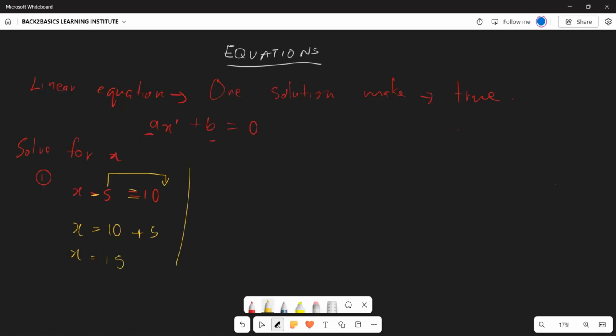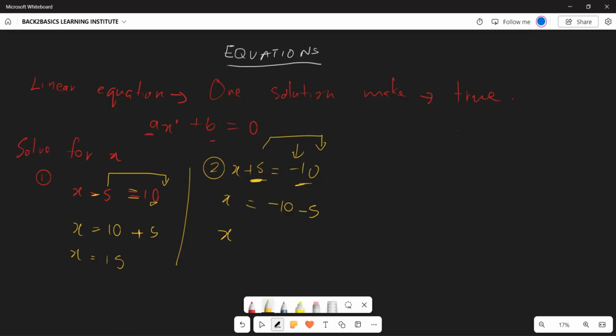Now let's look at number 2. Let's say you have x plus 5 equals negative 10. Notice that this is different, because this is not a positive 10 like we had before. This is negative 10. So you are going to do the same thing: x equals negative 10, and you take the plus 5 to this side so it becomes negative 5.